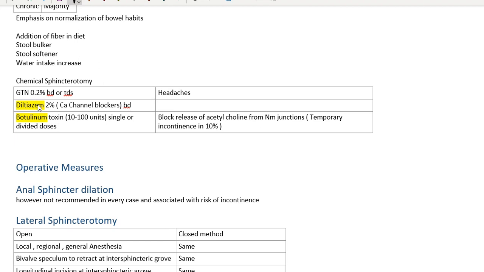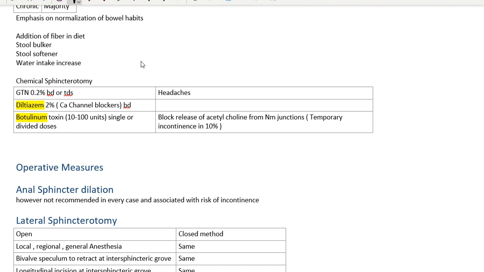The problem with GTN is that it causes headaches, so you need to tell the patient that if this is the anal canal, he should apply GTN only at this place. He should not apply GTN at this place. There is a significant association of headaches with GTN, so the compliance is very low.